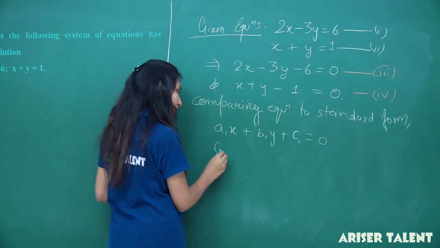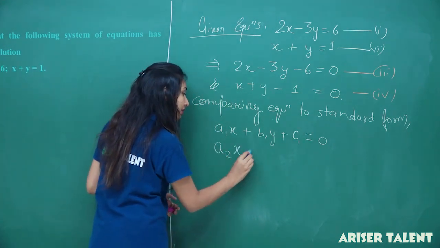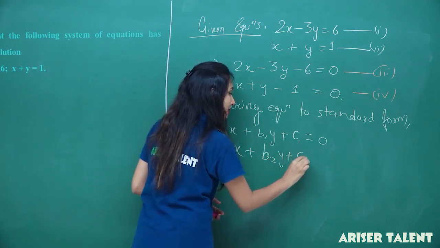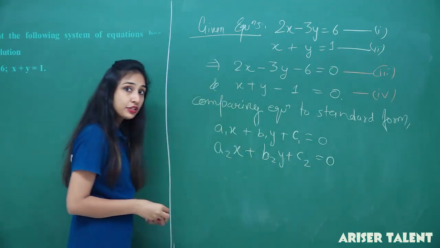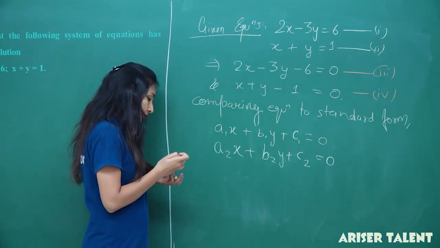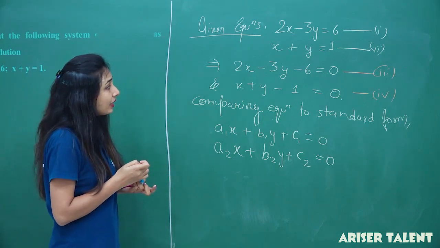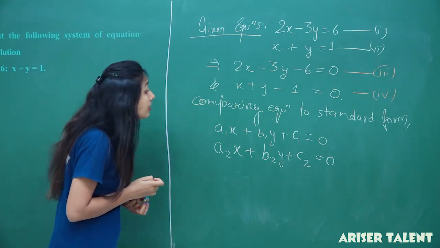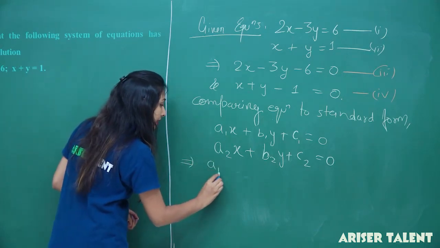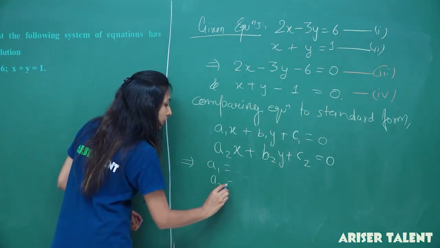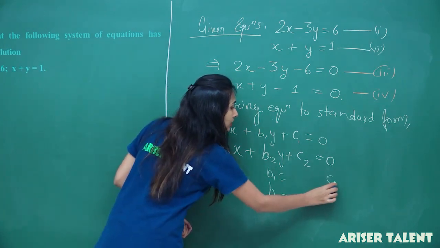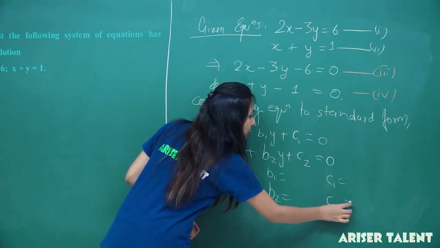Then the second equation is similar. So if we compare these two equations with these two standard equations, what will we get? A1, A2, B1, B2, C1, C2.